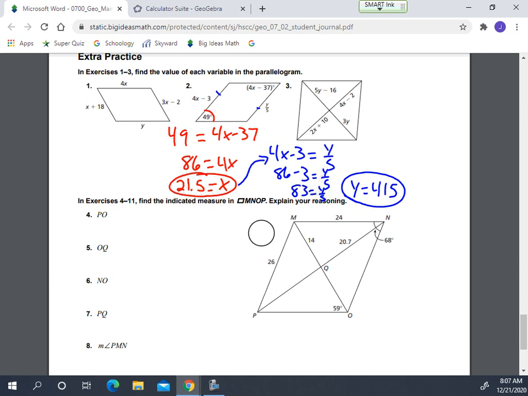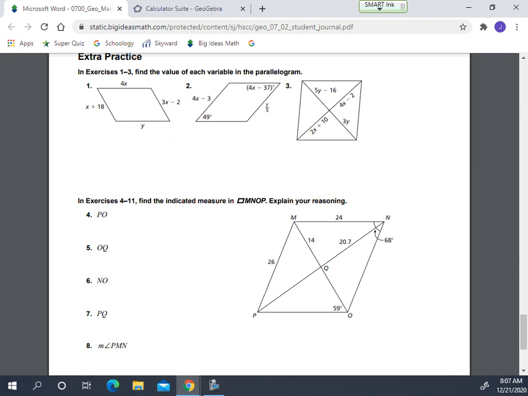Last one, number 3. Number 3, we know that this is congruent to this. We know that this is congruent to this. So let's start with y this time. We have 5y minus 16 is equal to 3y.